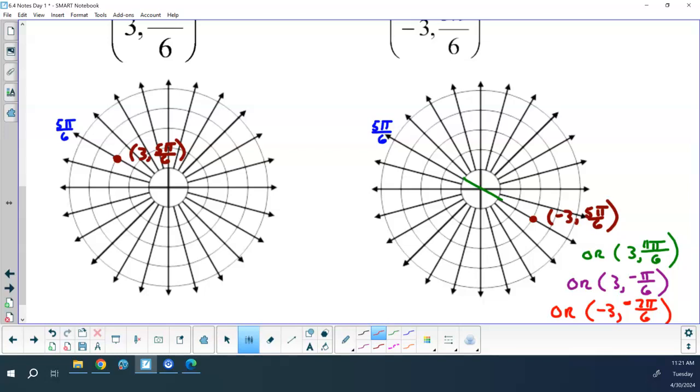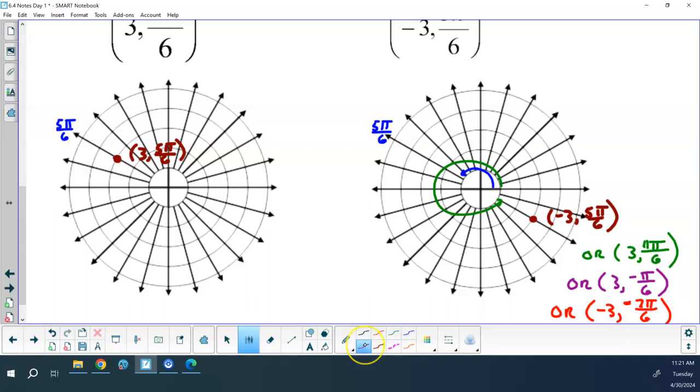Okay. So my first angle of 5 pi over 6 was there. That was my first angle. Then we went negative 3 back through the pole on my second angle, my green angle. Here's my blue angle. My green angle went all the way around to there.